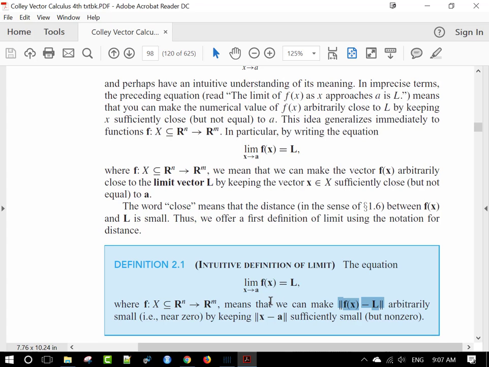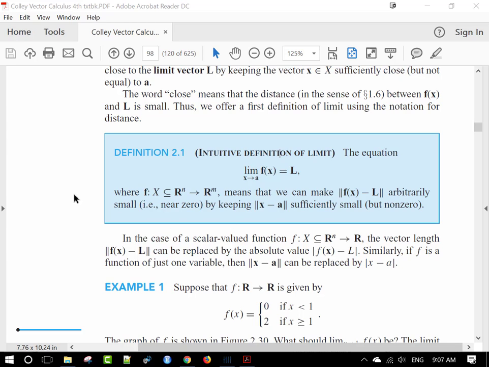So now we can be more precise about what we mean. We mean that when x is sufficiently close to a, again using the norm, then f of x will be close to L. And just to reemphasize, if we have a scalar valued output, then this will be the absolute value.